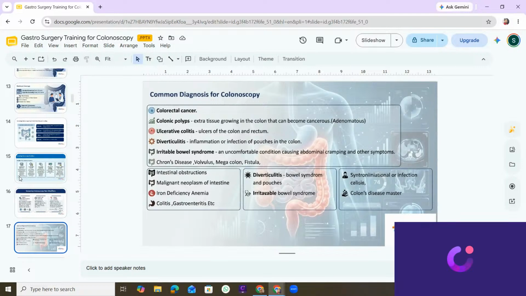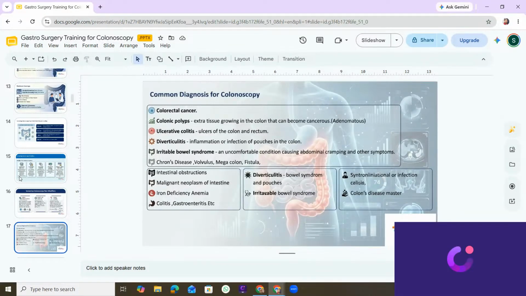Common diagnoses for colonoscopy: colorectal cancer; colonic polyps, extra tissue growing in the colon that can become cancerous, called adenomatous; ulcerative colitis, ulcers of the colon and rectum; diverticulitis, inflammation or infection of the pouches in the colon; irritable bowel syndrome, an uncomfortable condition causing abdominal cramping and other symptoms; Crohn's disease; volvulus; megacolon or fistula; intestinal obstructions; malignant neoplasm of intestine; iron deficiency anemia; colitis; gastritis.